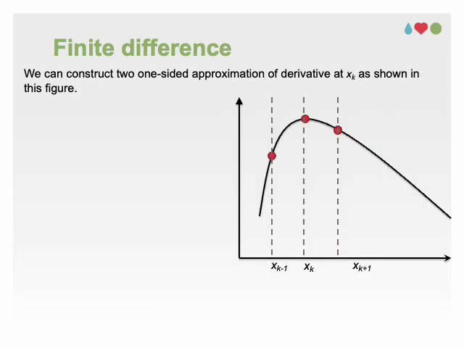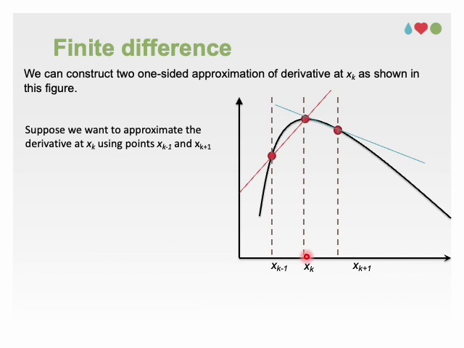We have seen two obvious choices to determine the derivative of a known function at two adjacent points, as shown by red and blue lines in this figure. But what if we use points xk minus 1 and xk plus 1, at which their distance is 2 delta x?